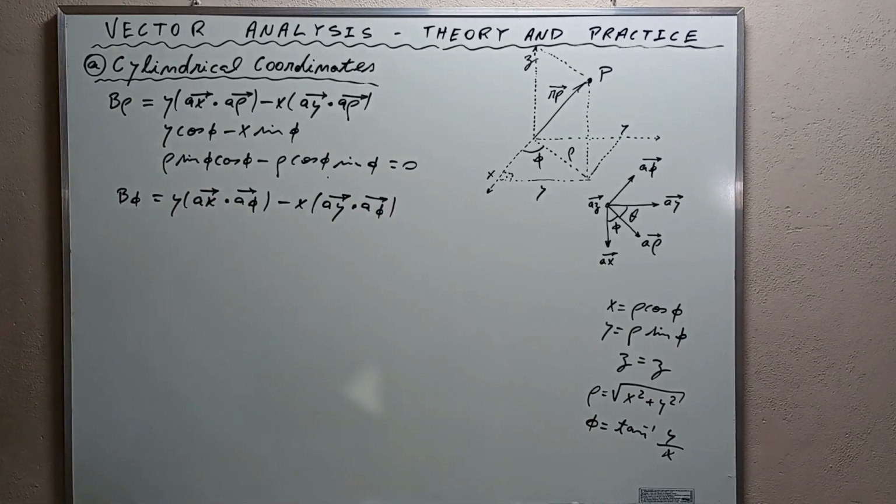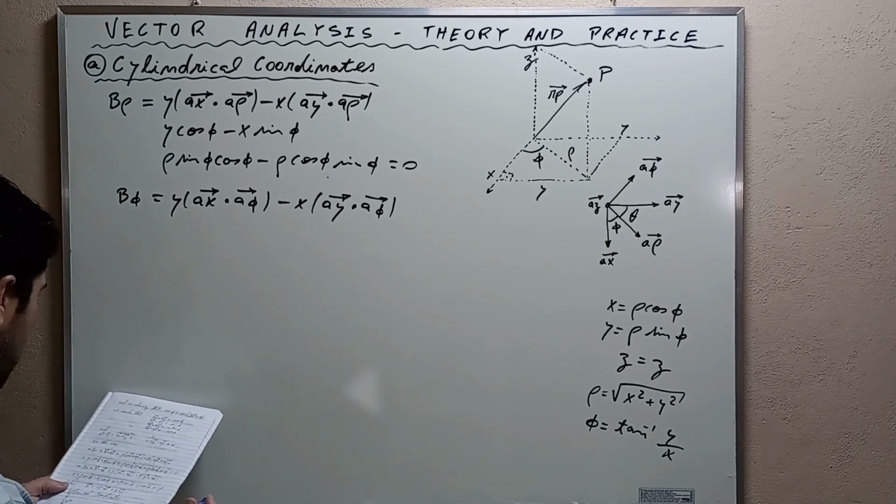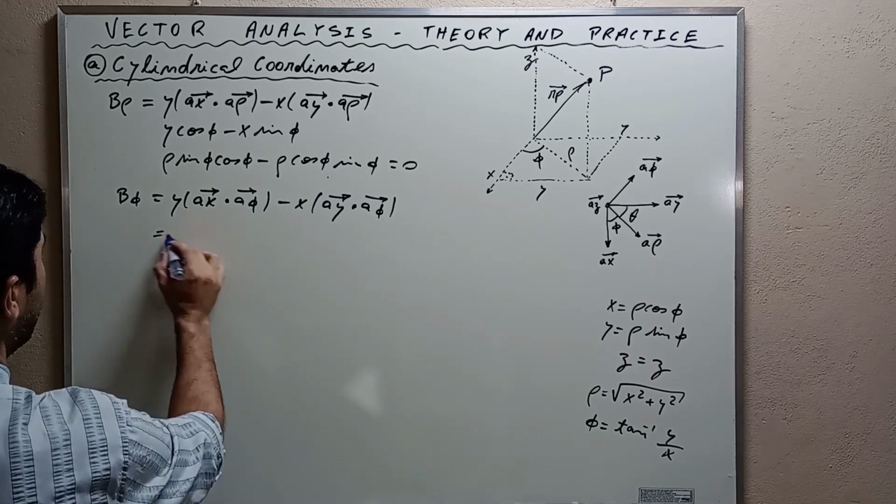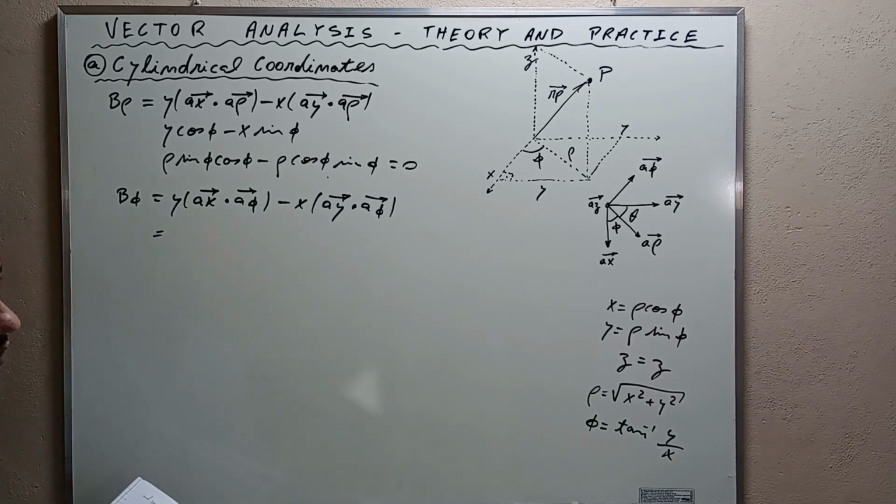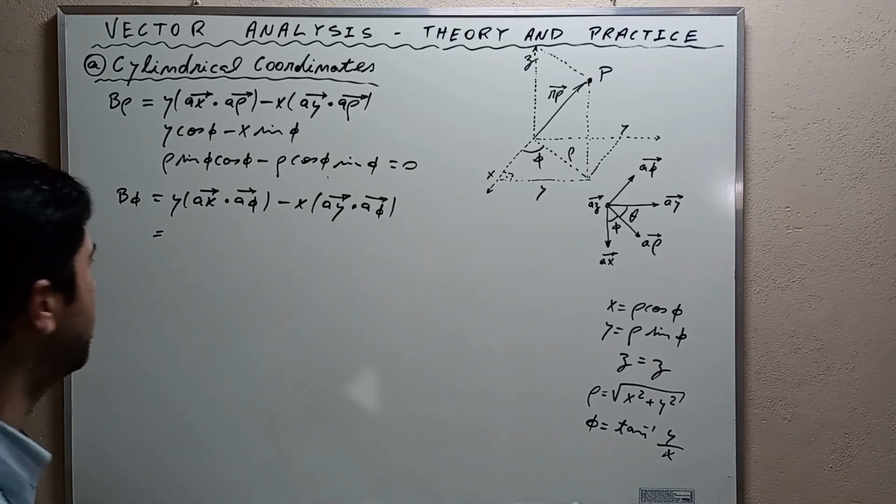Okay? Ax a phi, the dot product between ax and a phi is the sine of phi. So it is the negative of the sine of phi. Okay? The negative of the sine of phi.